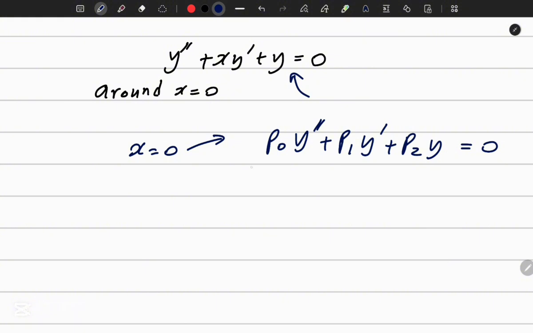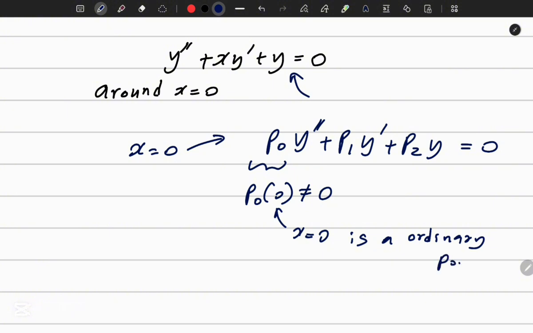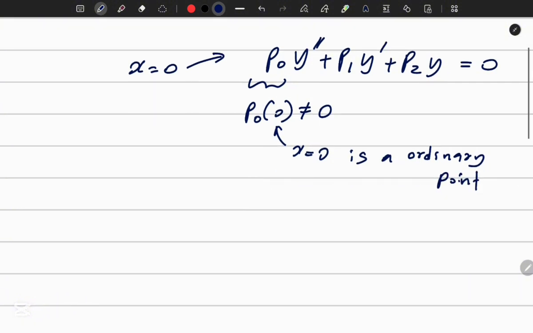So when I substitute x equals 0 into the p naught function, if p naught 0 is not equal to 0, then x equals 0 is an ordinary point. If p naught 0 equals 0, then I can say x equals 0 is a singular point.